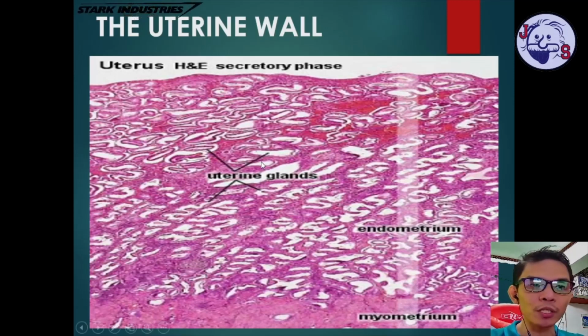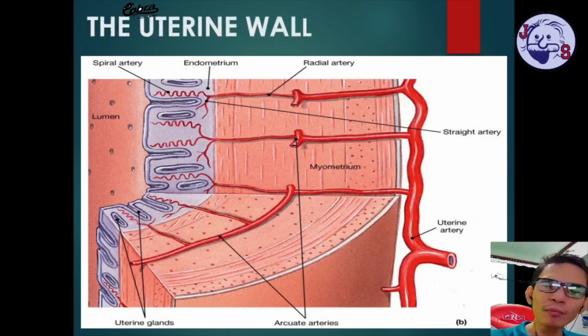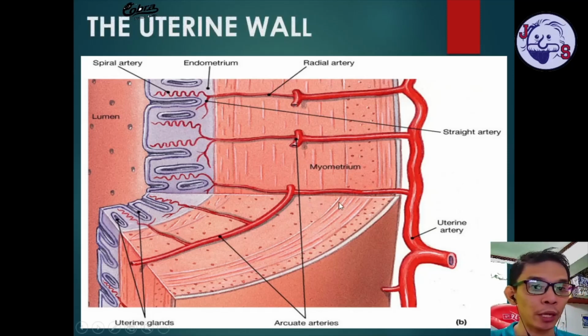The endometrium is complete with a life support system, like blood vessels and other things, so the zygote can develop properly.